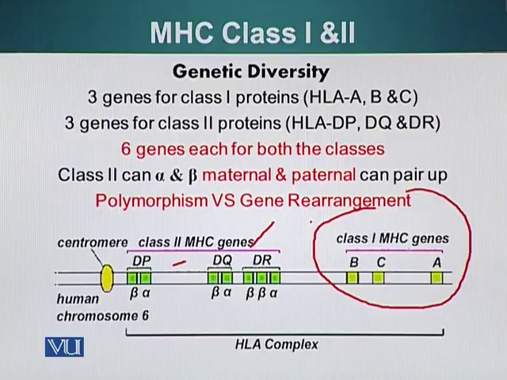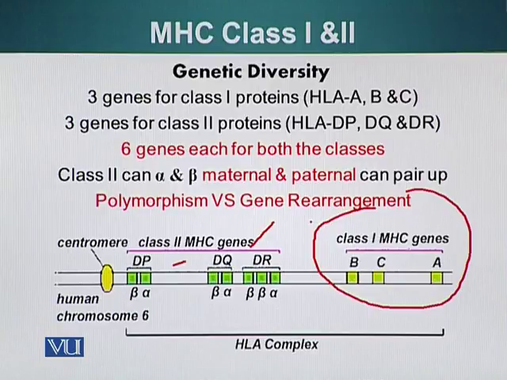The other is that we are just looking at one chromosome here. Remember, humans are diploid, so one chromosome is paternal, the other is maternal. So we basically have 6 genes for MHC class 1 molecules, which can form class 1 MHC molecules, and that is where the variety comes from.